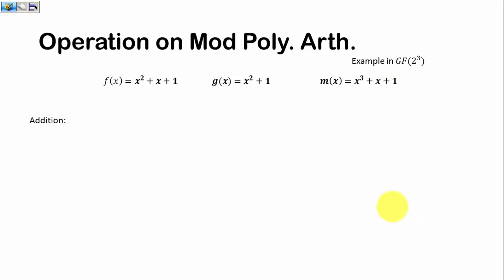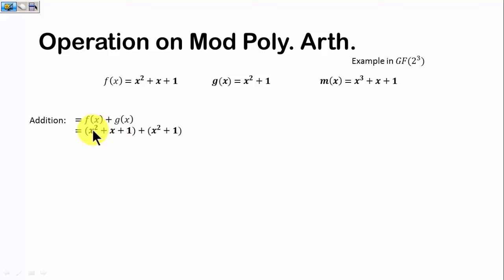So if you want to add fx plus gx, then fx is replaced by x square plus x plus 1 and gx by x square plus 1. Here you will see that if terms are repeating with the plus sign, like x square is repeating over here, this evaluates to 0, because this is the addition operation, and we saw in the Galois field that the inverse of a number is itself, right?